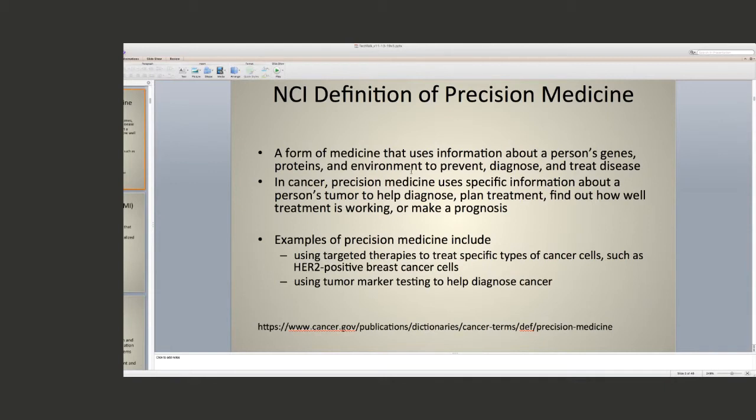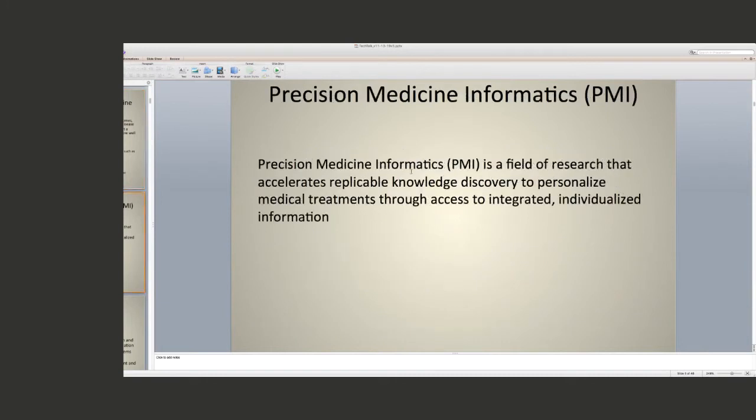You're using specific information to influence the treatment plan of the individual, and they give examples of it, such as HER2-positive breast cancer, where that genetic information can influence what treatment the patient gets, and then you could have improved treatment from that. So you have tumor biomarkers and such to help diagnose. Okay, that's kind of precision medicine in an overview.